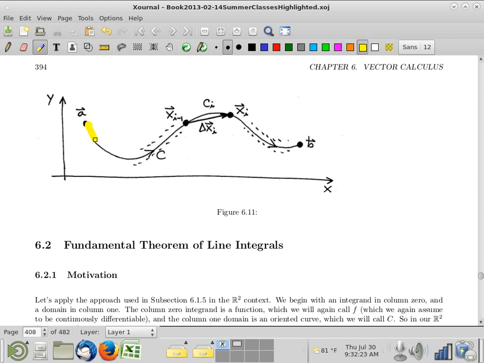So again, if you have your curve here, it has a starting point and an ending point. Well, that is the sum of, and again I'm going to offset for artistic convenience, that little piece of curve's boundary, which has a starting point and an ending point, and then plus the next little piece of curve's boundary, which has a starting point and an ending point.